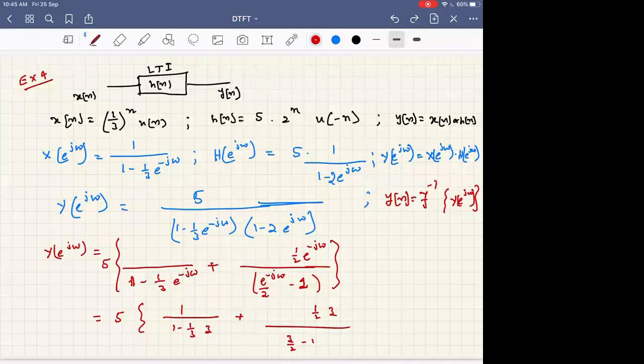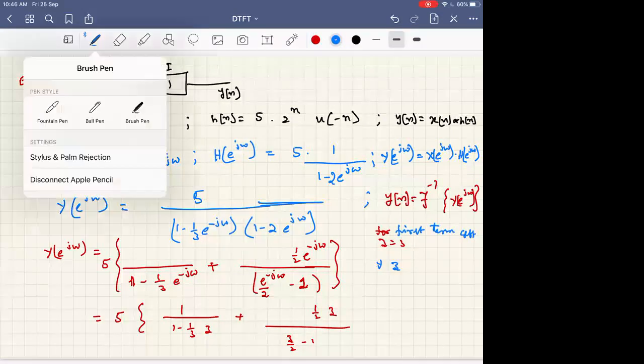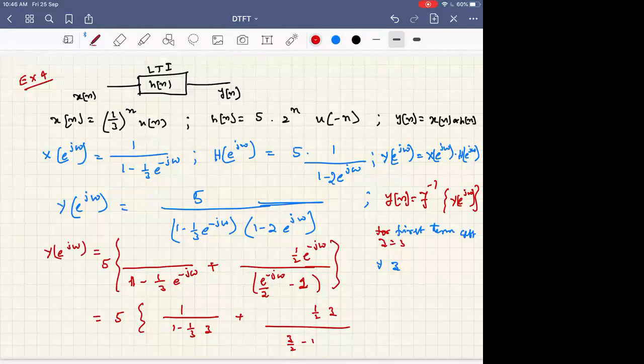So what will it be? I will just try to do for the first term. Put Z equal to 3 in y of Z inverse. Let us write Z inverse only, but we will substitute Z inverse equal to 3, just for consistency.